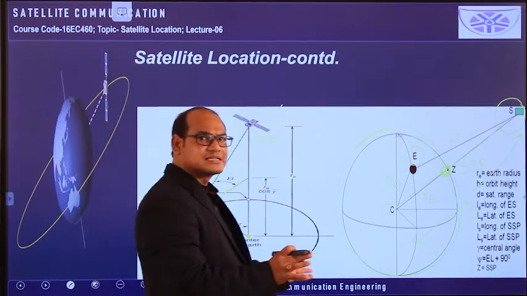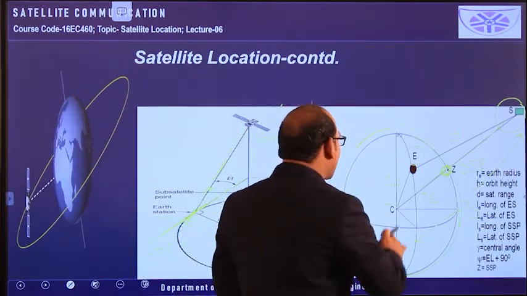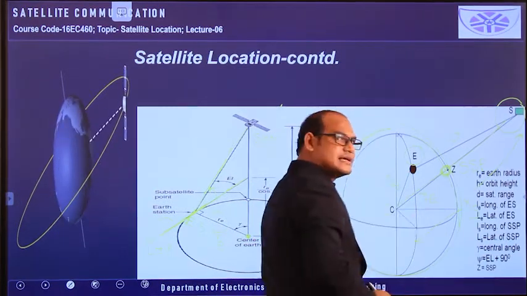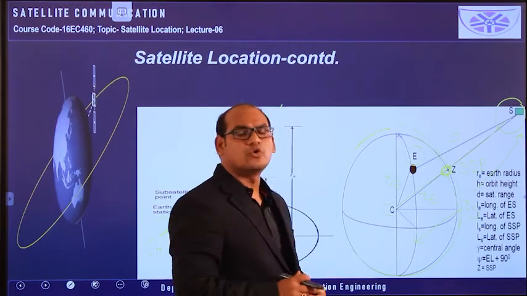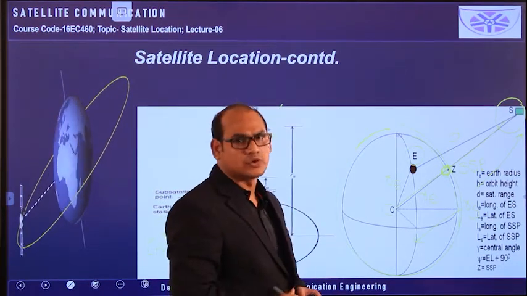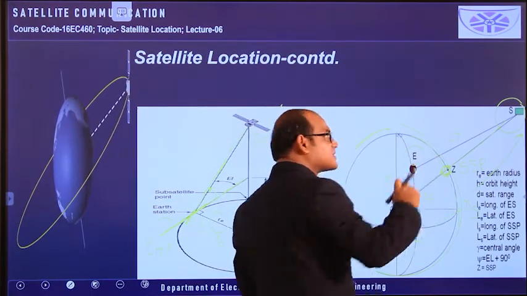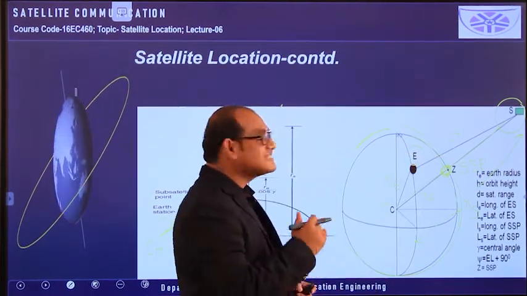In this slide we can understand what is CE, what is CS, and what is CZ. CZ and CE both represent the earth radius only. CE is represented with RE, CZ is also represented with RE, and what is ES?